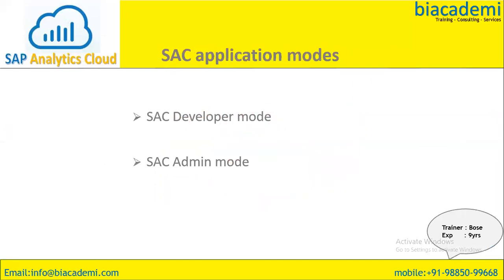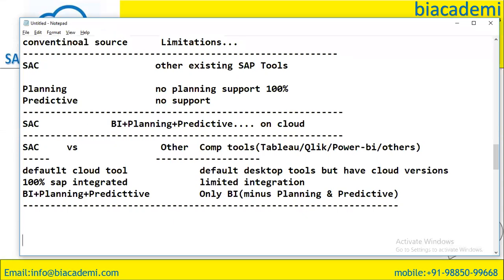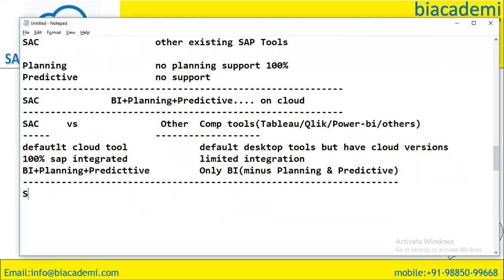As we know, every application has different areas. For example, from the same SAP family we have SAP BW, SAP BO, and SAP HANA, and every tool has a developer area and an admin area.